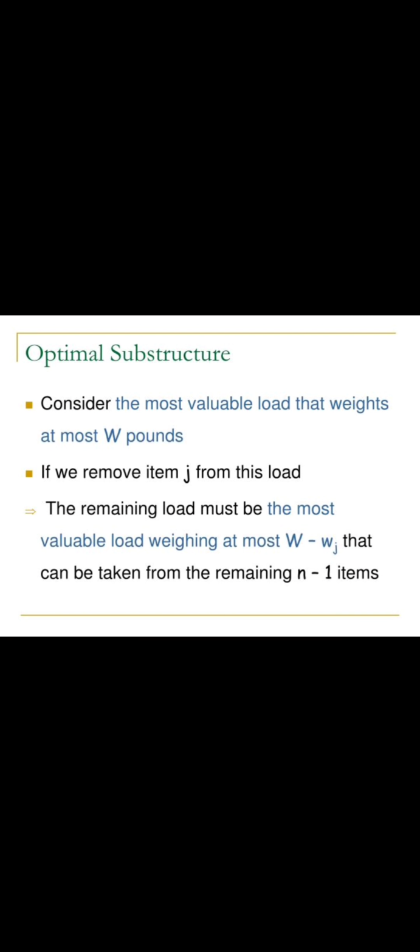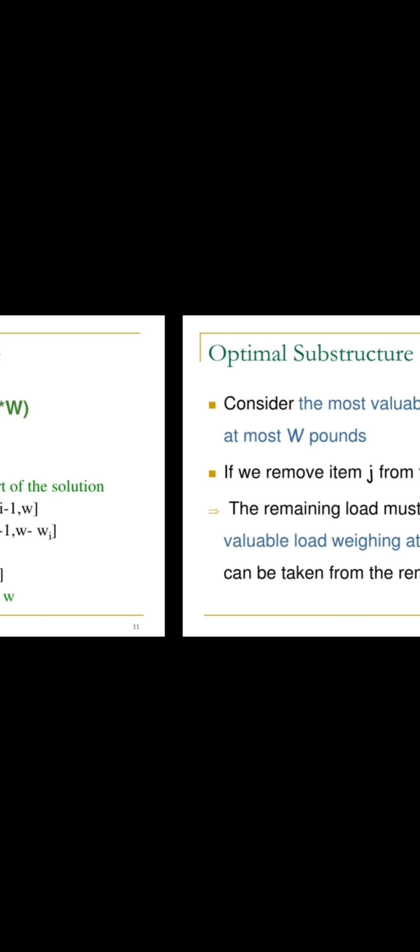When you go straight up, it implies item i has not been taken. Optimal structure: consider the most valuable load that weighs at most W pounds. If you remove item j from this load, the remaining load must be the most valuable load weighing at most W-wj that can be taken from the remaining n-1 items.